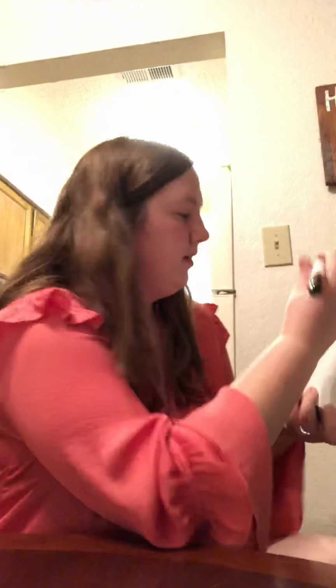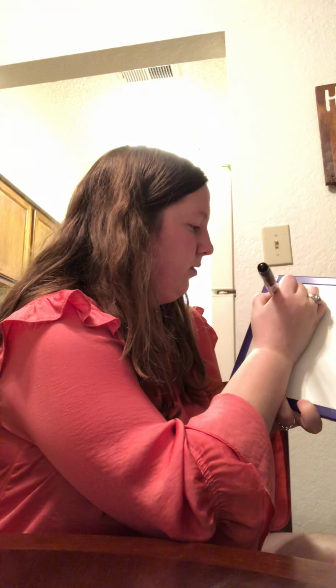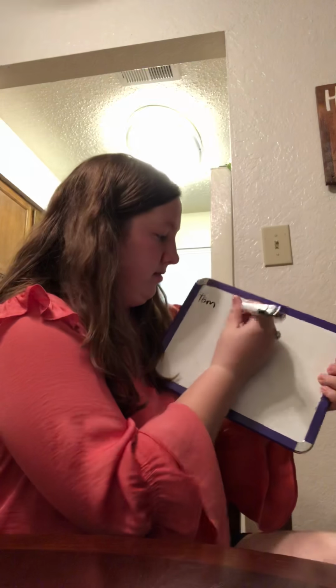Okay, now we're going to get into some new stuff. So we're going to start word problems with 3 numbers that we have to either add or subtract together. So our first problem, we'll start out a little simpler. Tom made 10 snowballs. So Tom made 10.